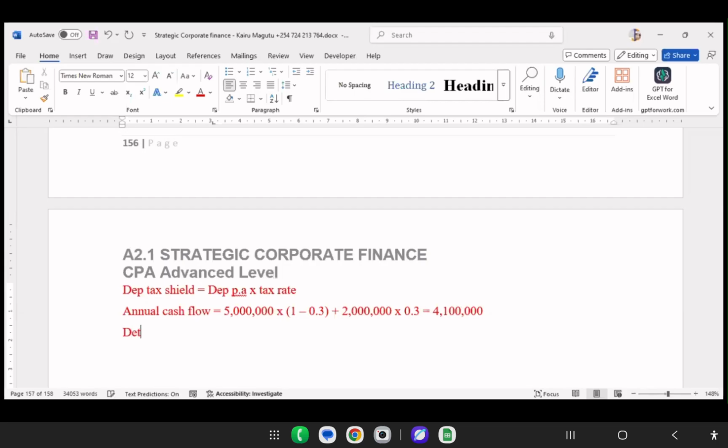So then from there, determine the NPV, and we can say that the present value of annual cash flows is equal to 4.1 million. We multiply by the discounting factor, which is 1 minus 1.11025, 11.025% power negative 10 years.